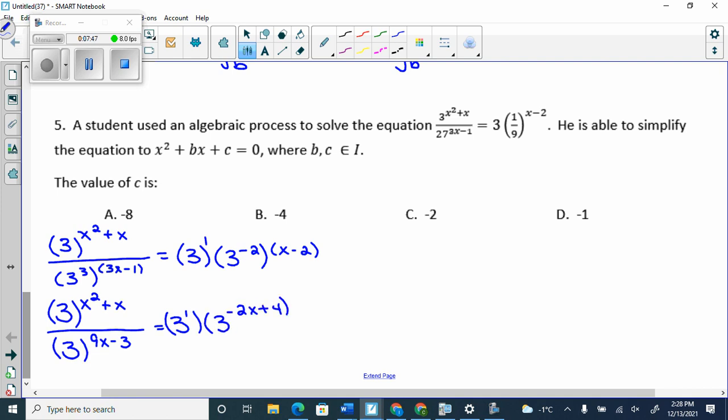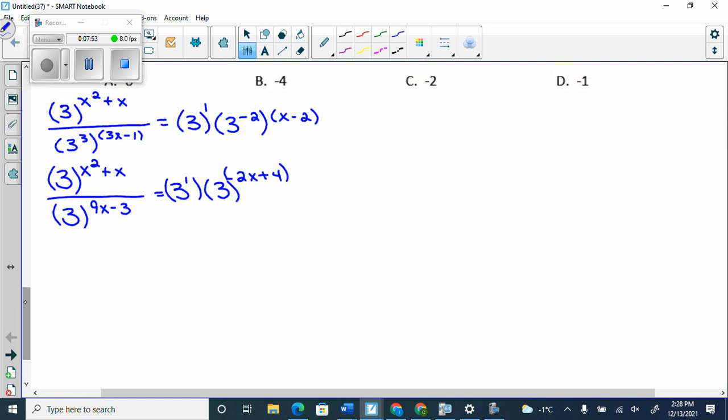Here we subtract exponents because it's division. Here we add exponents because it's multiplication. I don't know why I have brackets in weird spots. But so here I'm going to get x squared plus x minus 9x is going to be minus 8x. And then minus a minus 3 is plus 3.